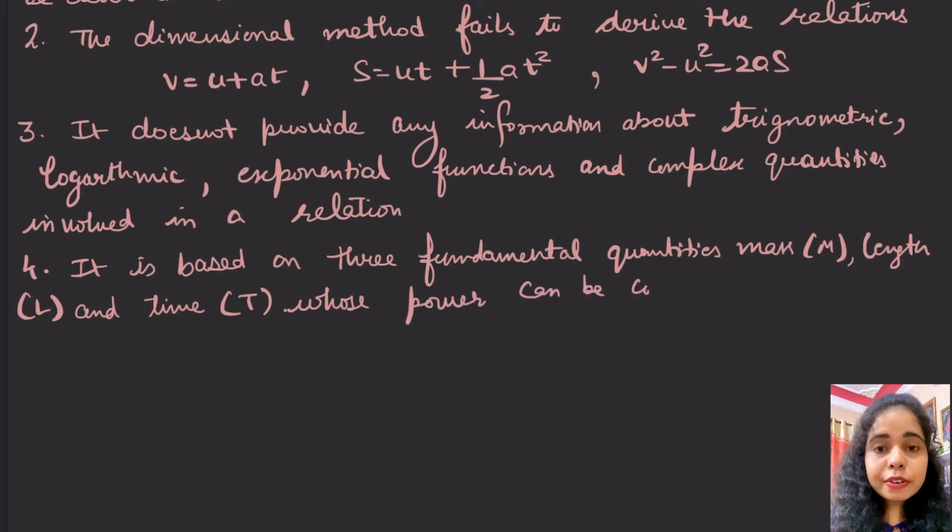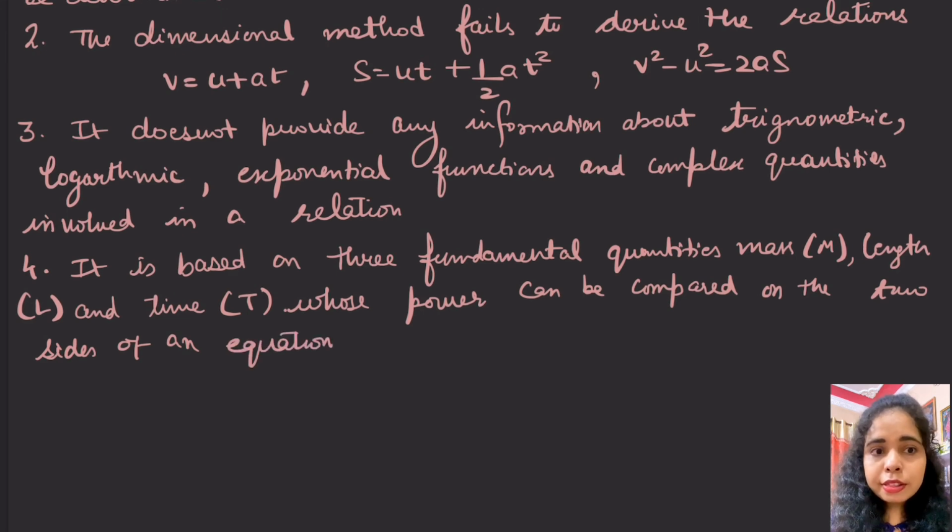Since only three fundamental quantities, that is mass, length, and time, have powers that can be compared on the two sides of the equation, dimensional analysis fails to derive relations involving more than these independent factors.